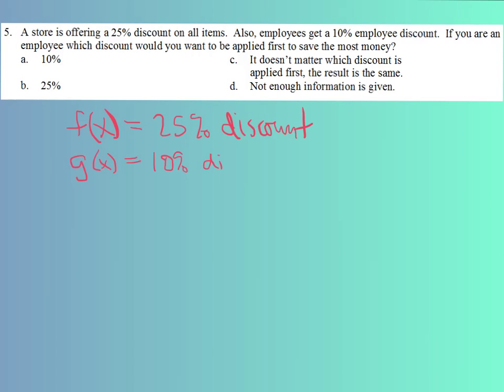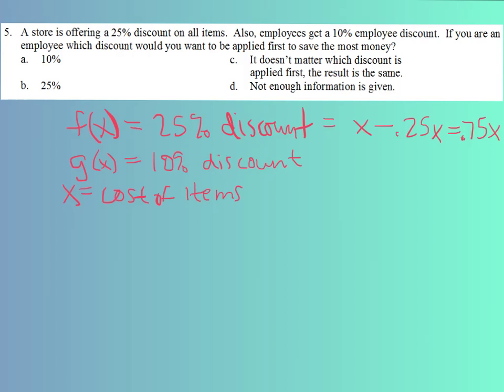So when we write these things as actual functions, a 25% discount is really the cost of the item minus 0.25 times the cost of that item, which is 0.75 times the cost of the item. Now you'll notice that I just used x every time I said cost of the items, but I haven't defined that yet, so let's define that real quick. x equals cost of items.